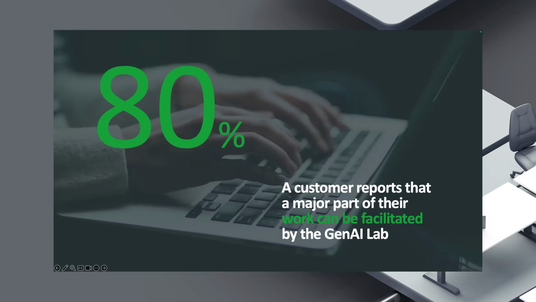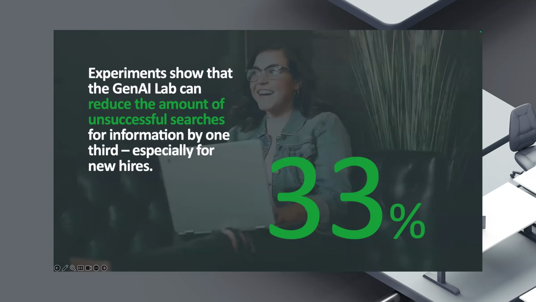And another number, which in my opinion is also quite impressive, is the amount of unsuccessful searches. For example, if a new employee searches for information on Confluence or in HR documents, and at some point gives up and has to ask another employee, this amount of unsuccessful searches is reduced by 33%.